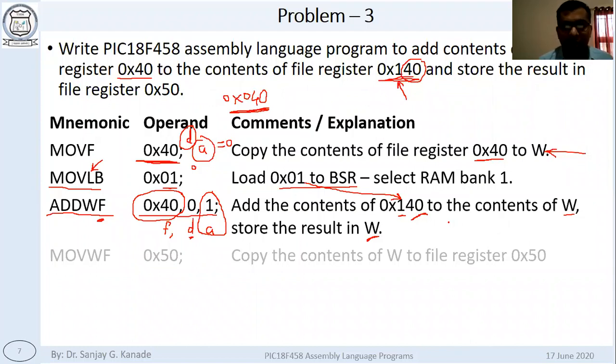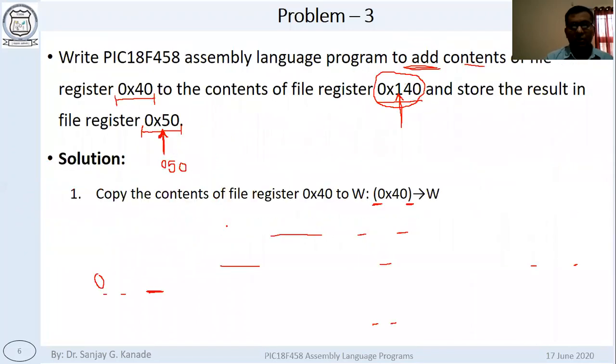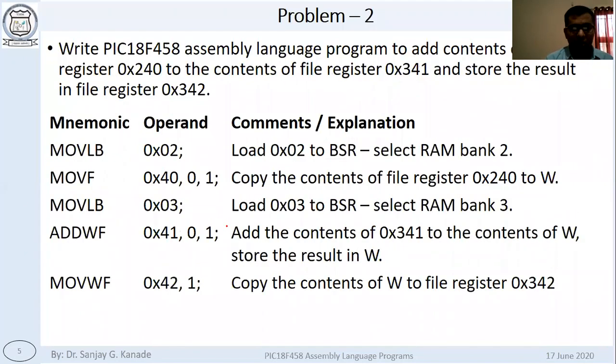This is very important. We have seen the same kind of example yesterday also, right? In yesterday's example also, it was the same kind of instruction. I will show you again, just to be sure. See here, the instruction ADDWF was there in yesterday's program also.